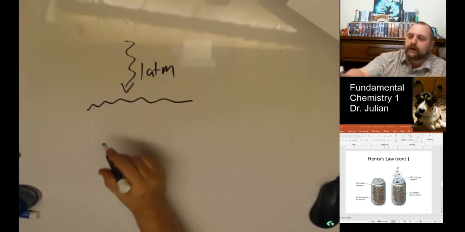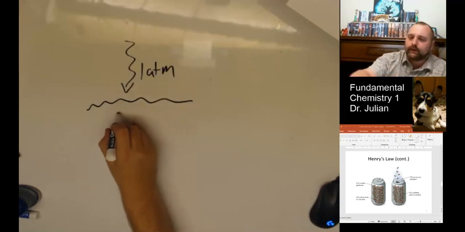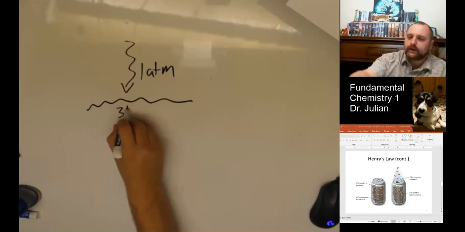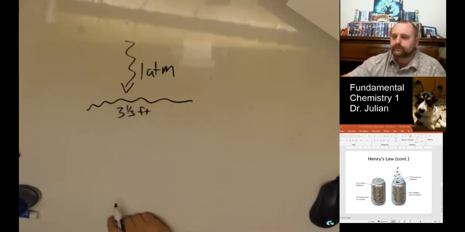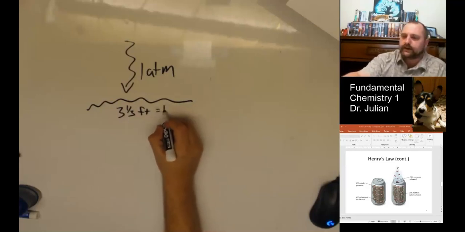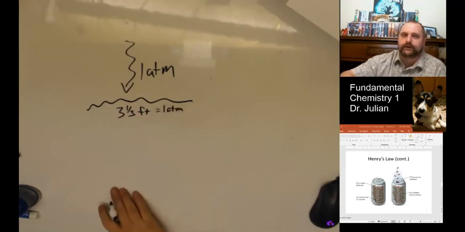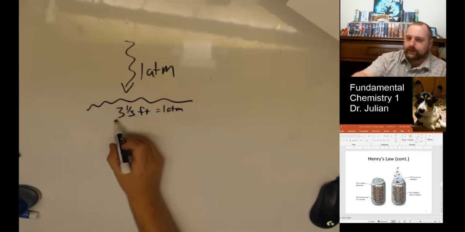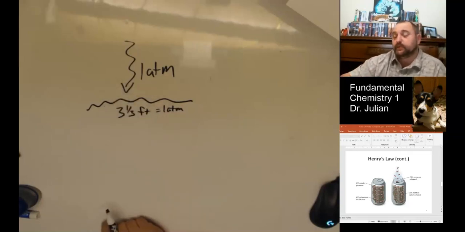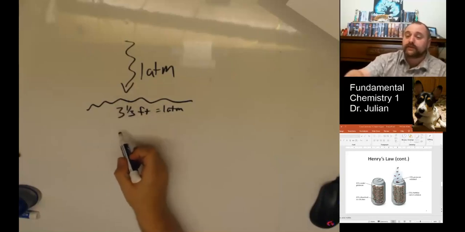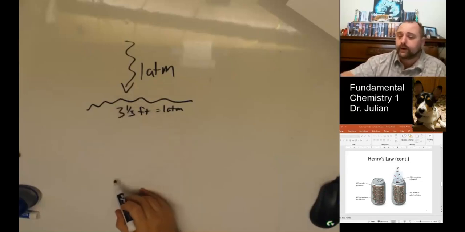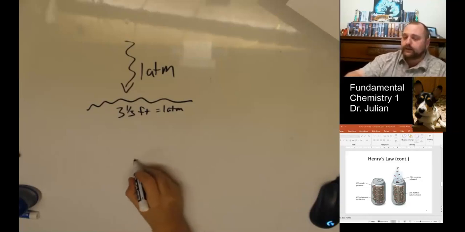All right, and then for salt water, if I go down 33 feet, then that's another atmosphere of pressure. So if I go down 33 feet, I'm under 2 atmospheres. I've doubled the pressure. If I go on down 66 feet, I'm under 3 atmospheres. And so you can see you don't have to go very far down.